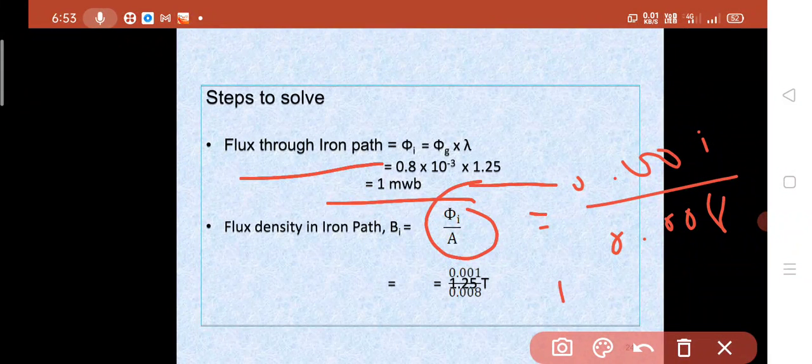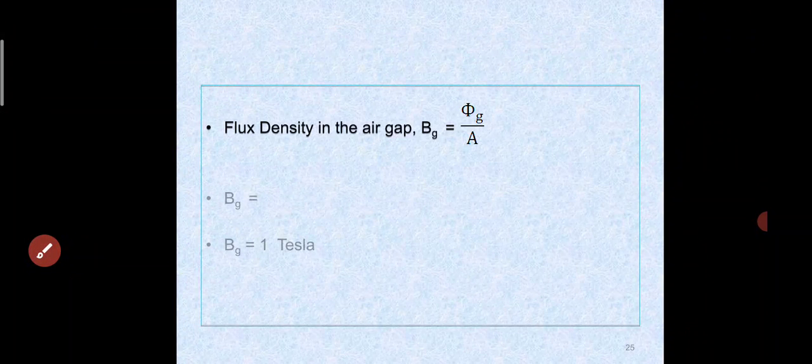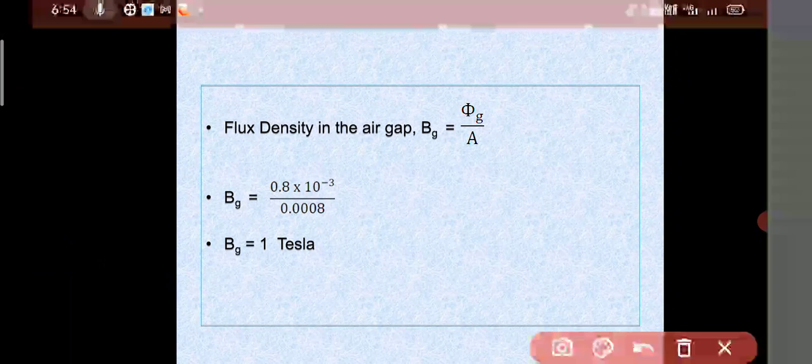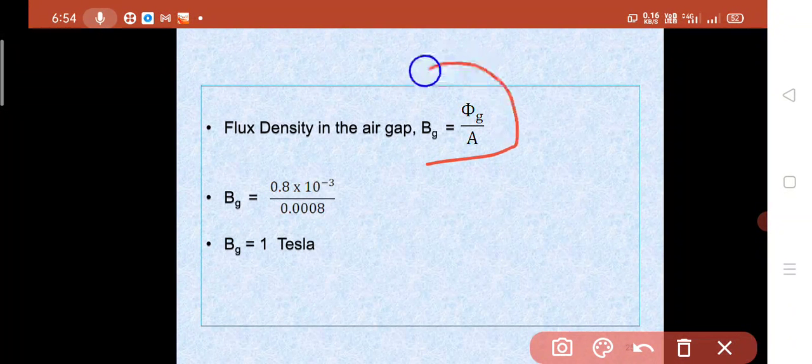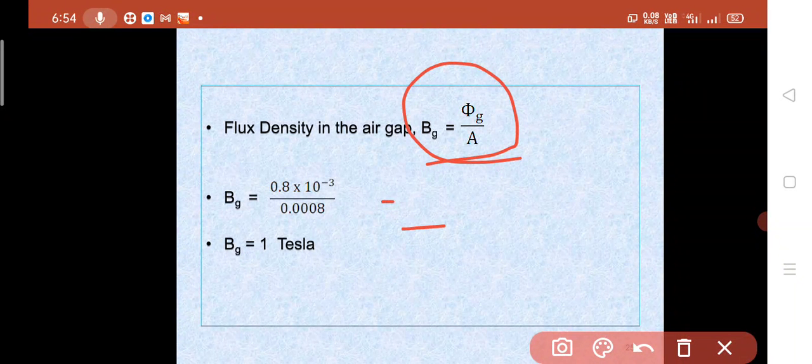The answer is 1.25 Tesla. The flux density in the air gap Bg is equal to phi g by A. So phi g value is 0.8 into 10 to the power of minus 3, and A value is 0.0008. So Bg is equal to 1.